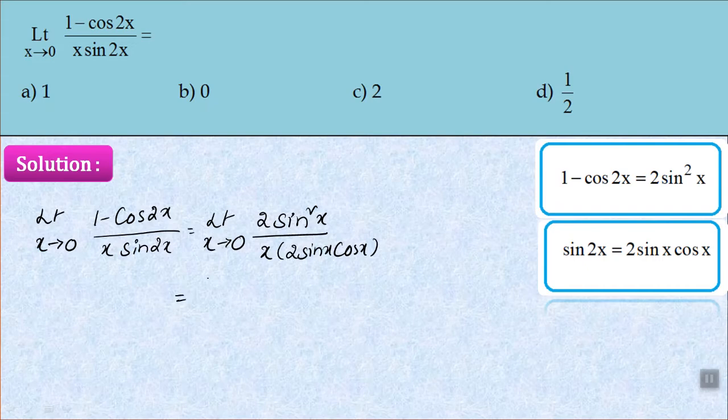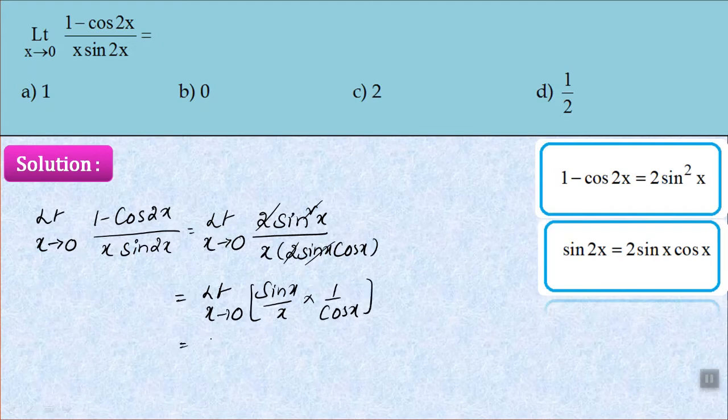This equals limit x tends to 0. Here 2 gets cancelled, sin x gets cancelled. Here sin x by x into 1 by cos x.